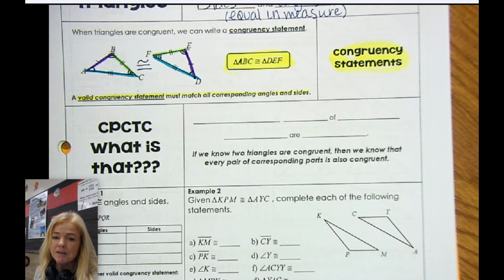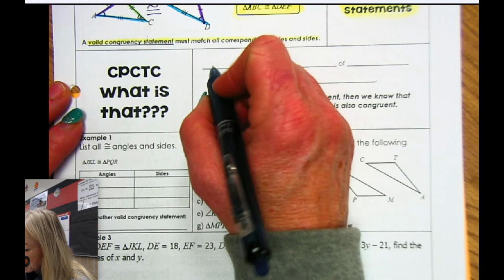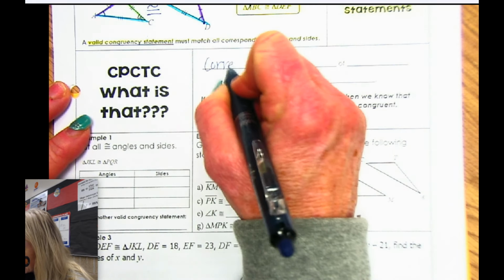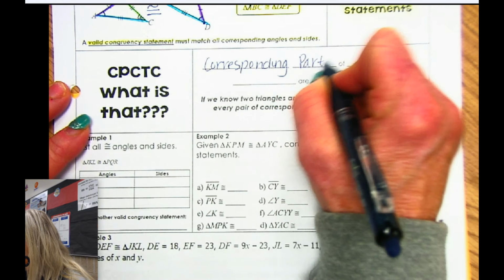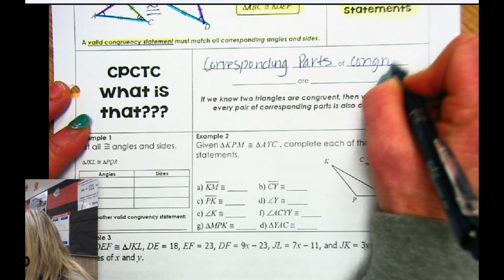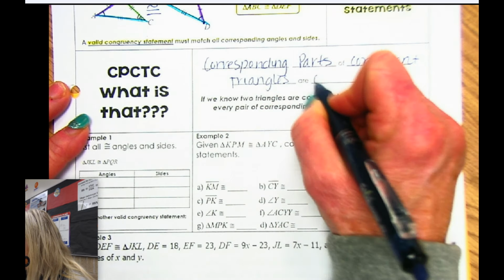You might say, well, that makes sense. And of course it does. CPCTC stands for corresponding parts of congruent triangles are congruent.